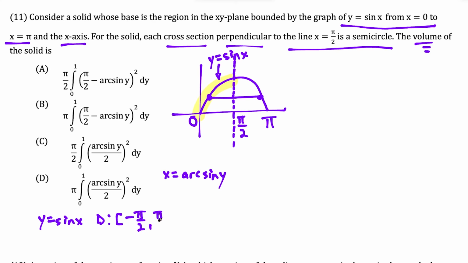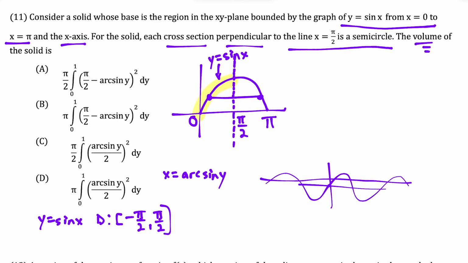And the reason for this is if we look at a full sine curve, it just keeps going this way and this way. The sine curve fails the horizontal line test, which means it's not 1-to-1, which means it doesn't have an inverse unless we restrict the domain from negative pi over 2 to pi over 2, because that piece of the sine curve will pass the horizontal line test, and the range will go from negative 1 to 1.